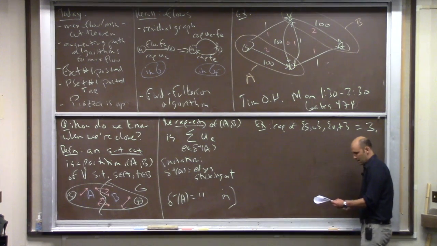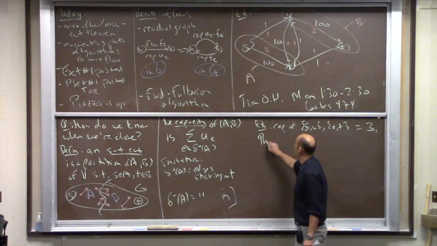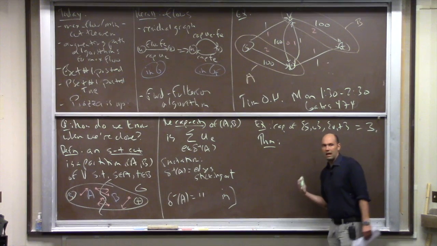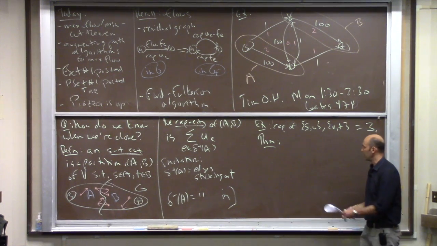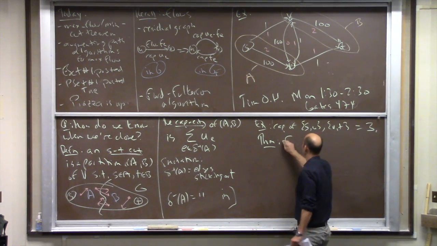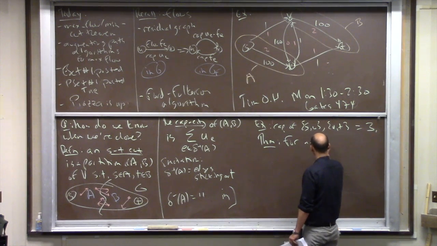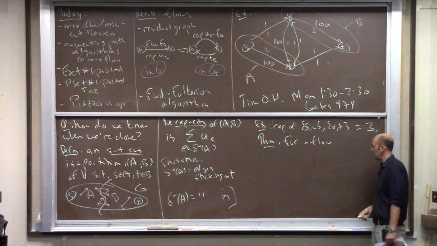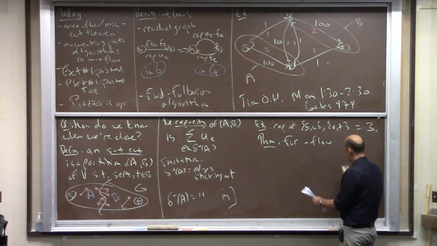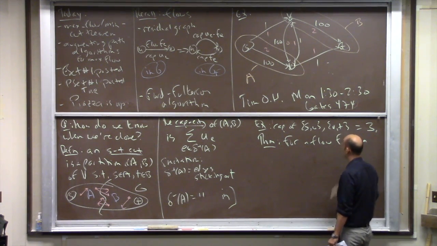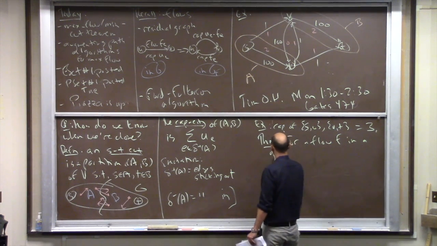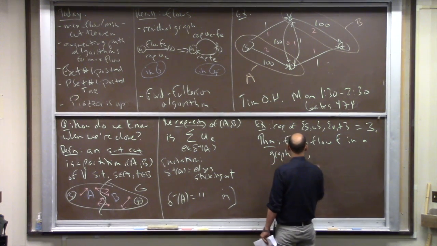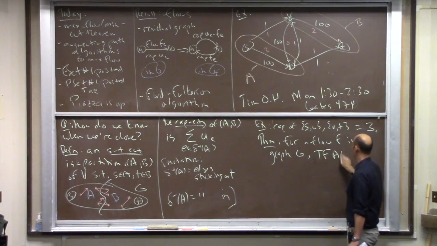Okay? So here's the theorem which generalizes the claim from last lecture and proves correctness of Ford-Fulkerson. And it's not too hard to prove. We're going to prove it. It'll take us a little bit, but it's not too bad. So for a flow F in a graph G, the following are equivalent.